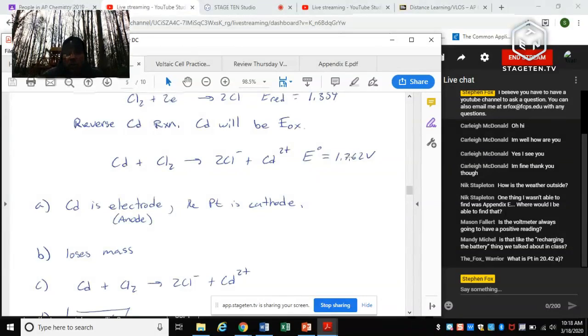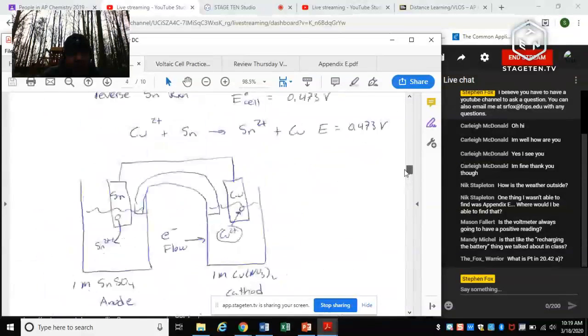If you don't have a solid in your half reaction, you need to pick a solid that's a good conductor of electricity but won't react. That's kind of inert. And platinum is a really good metal. So whenever you need a solid metal that's not part of the reaction, that won't react, but is a good conductor of electricity, just pick platinum. So let's go back up to here, okay?